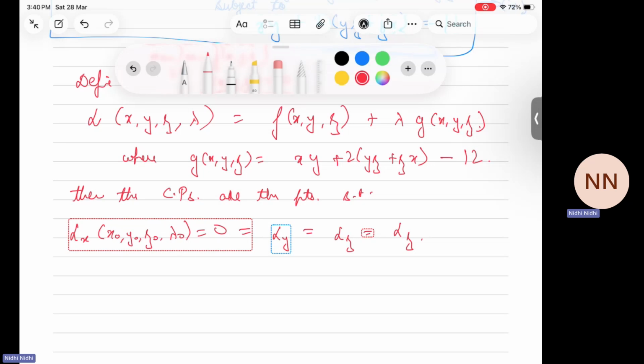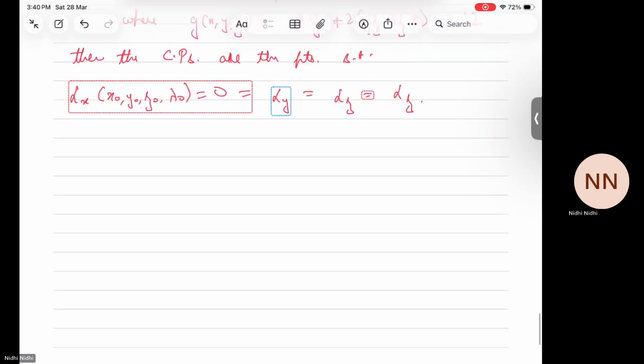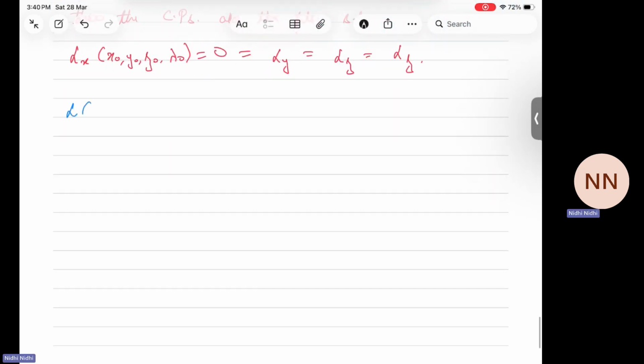So for our case, we have this L(x, y, z, lambda), which is equal to f(x,y,z), that means xyz plus lambda times xy plus 2yz plus zx, sorry, minus 12.